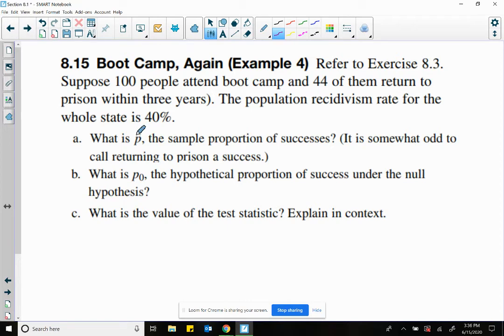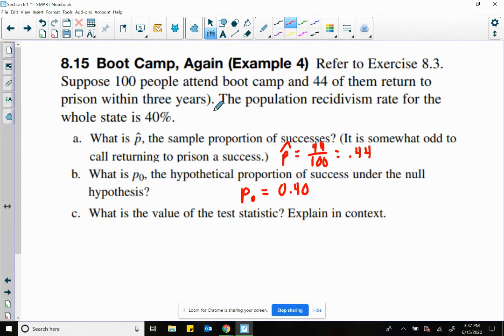Okay. So to get p hat, all you have to do is take the 44 and divide it by 100, which is equal to 0.44. P naught, you already know, is 0.4.